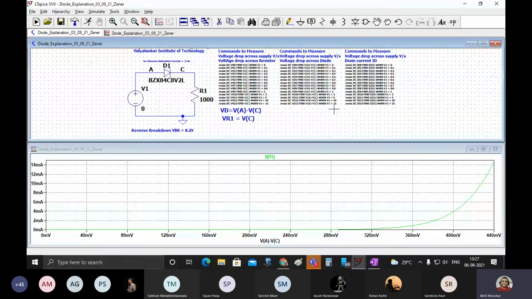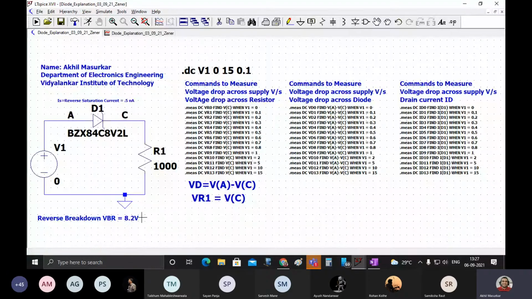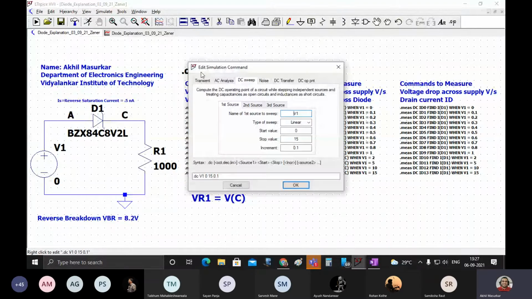Now what we'll do is we'll again simulate this thing, and since we know that the breakdown will happen at 8.2, in this DC command, now I will put a start value from, let us say, minus 15. Okay, and then say run.